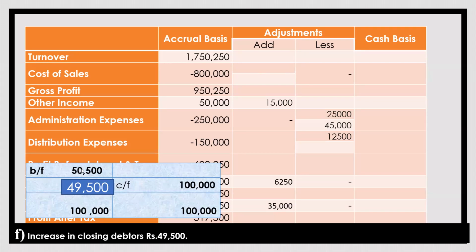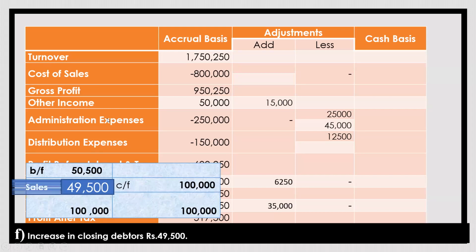Right? So where we are. Okay. Now the brought forward balance is 50,500. Now the carried forward balance is 1 lakh. So here again, we are going to prepare the cash flow account, this T account, debtors account, and we are going to identify the impact in terms of cash.